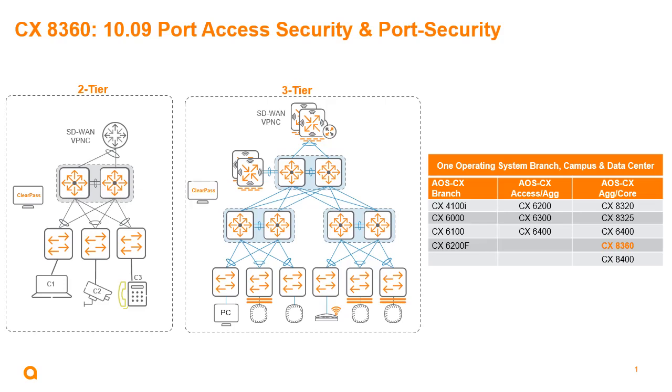By having those security features enabled on aggregation and core, you can make sure your access switches are secure. So that's where we are bringing port access security and port security features on our aggregation and core platform in this release with 8360.